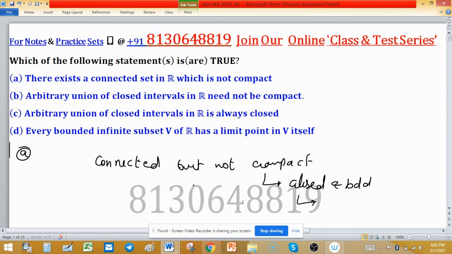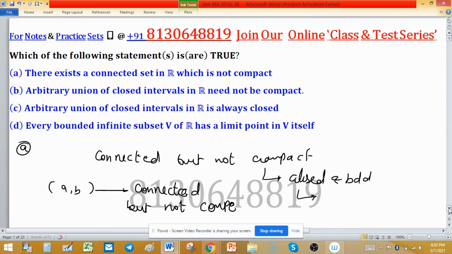We know that intervals of R, or the real line, are always connected. So there exists a connected set in R which is not compact. This is the open interval (a, b). This is connected but not compact, because it is not closed.